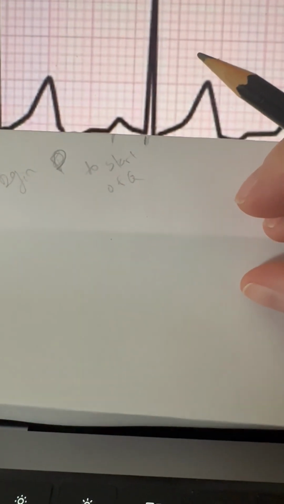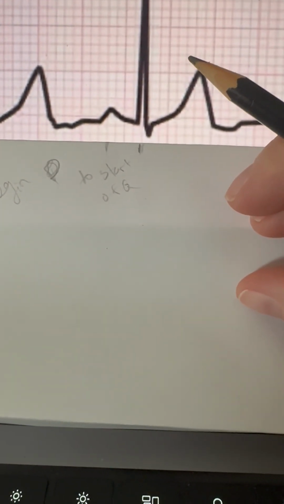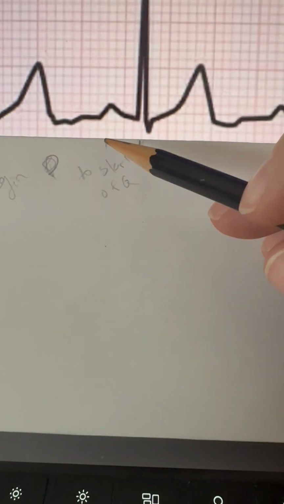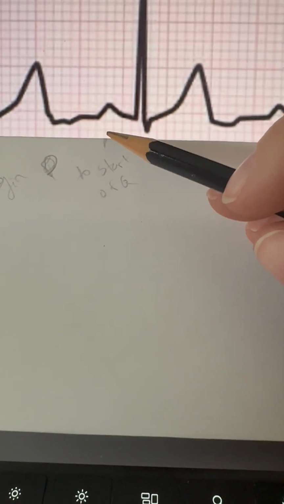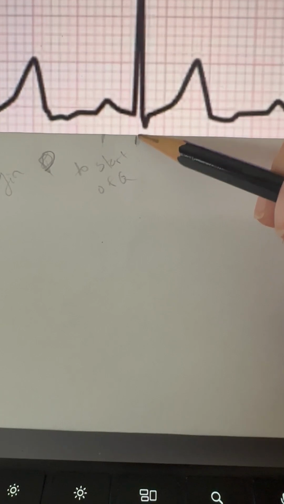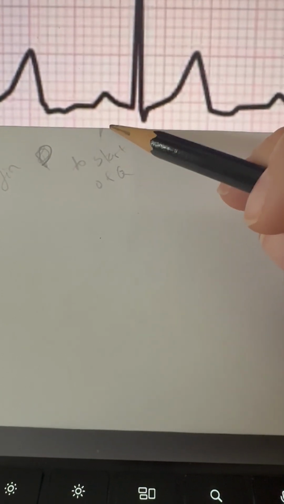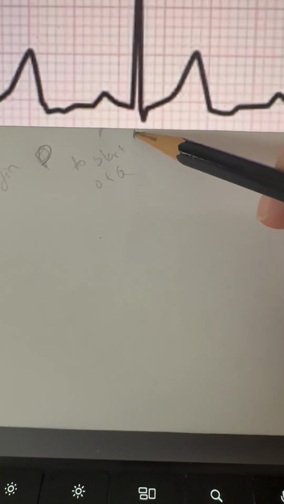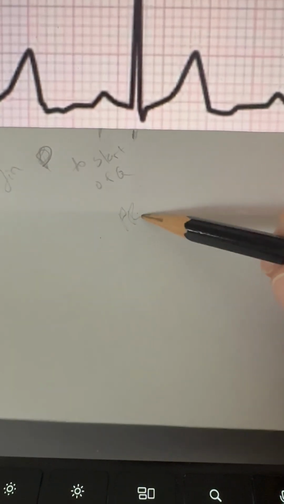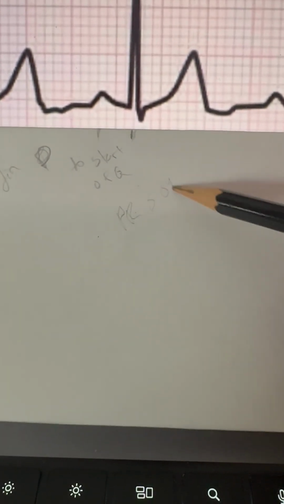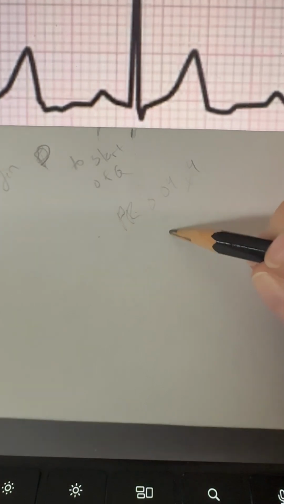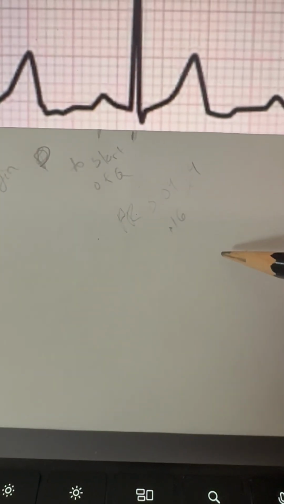Okay, what you can do is you can move this down to these lines right here, okay? And this lines up with that, and this lines up with that line, which is great. And you would go 1, 2, 3, 4. So the P to R, 0.4 times 4 is 0.16, okay?